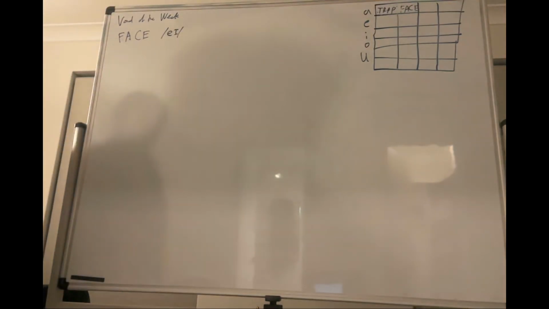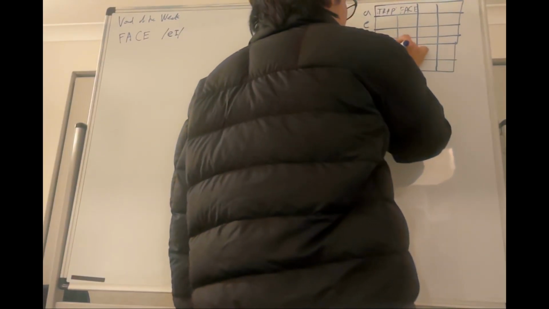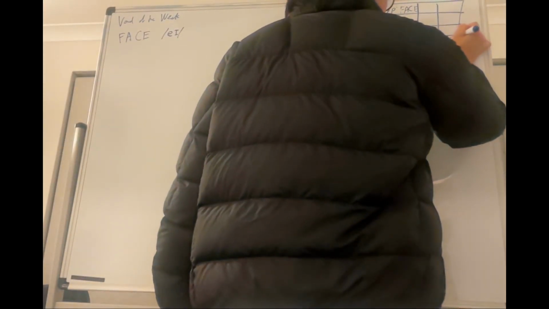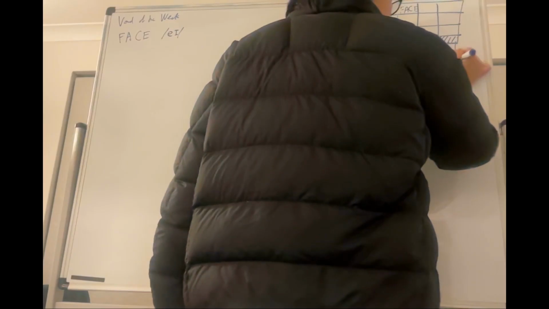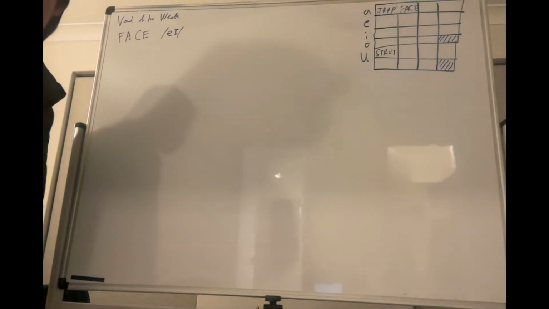Okay. Today's vowel of the week is face. And we know strut. So we didn't quite move it on. But that is the table as we know it. Let me just shade in some spaces that don't have anything.